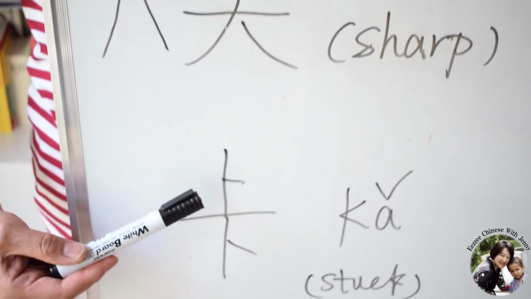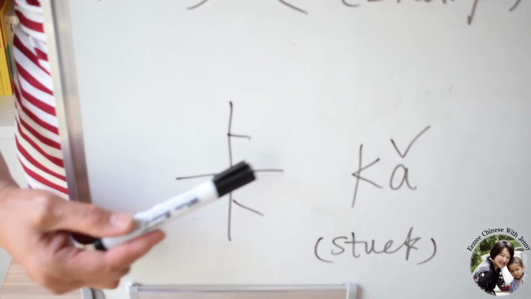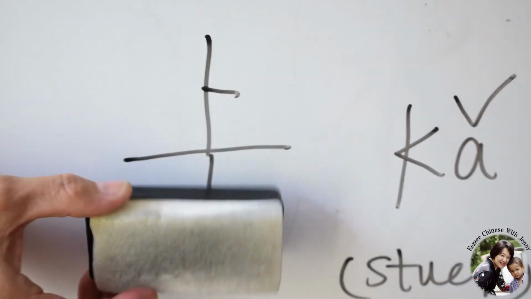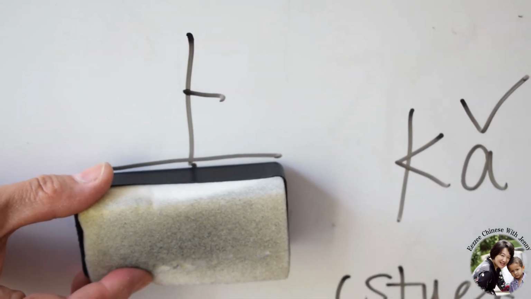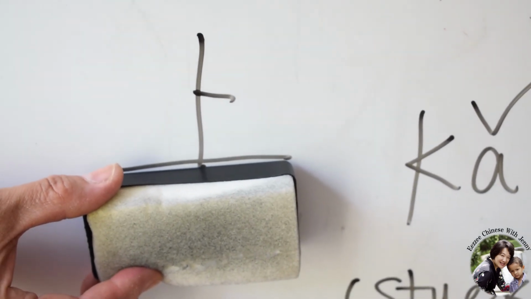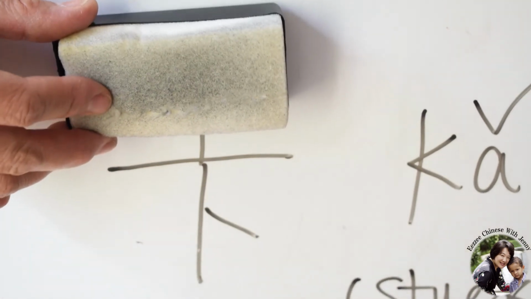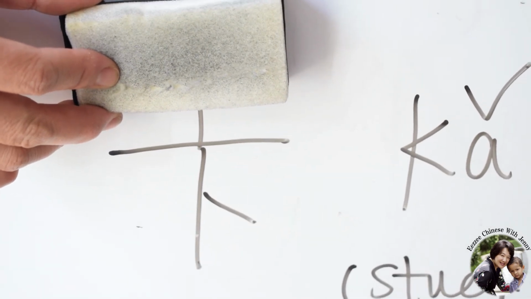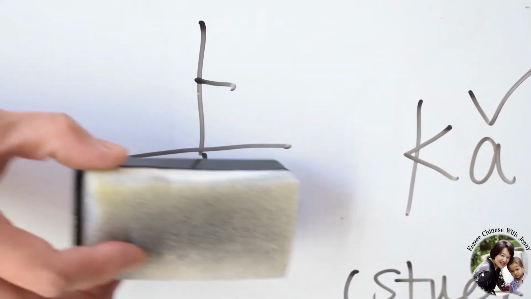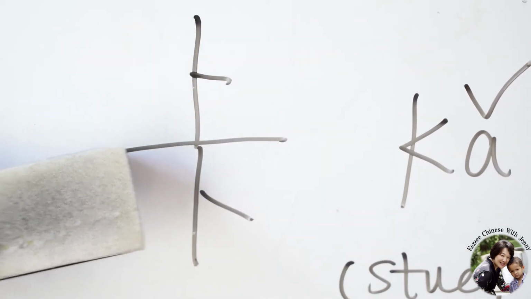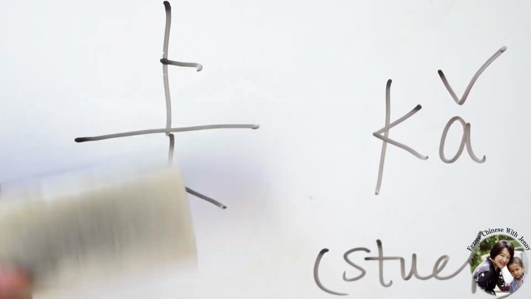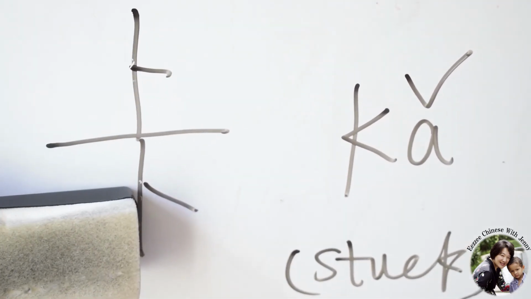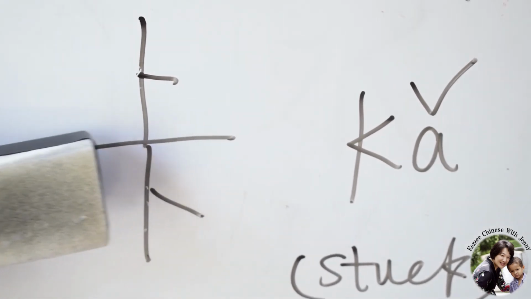Next one, even more interesting. Remember this, if I cover the lower part, this means up, 上, right? If I cover the top part, the lower part means down, 下. However, if you put this together, remember this stroke for both up and down, which means not up, not down. What does it mean? You're stuck in the middle.